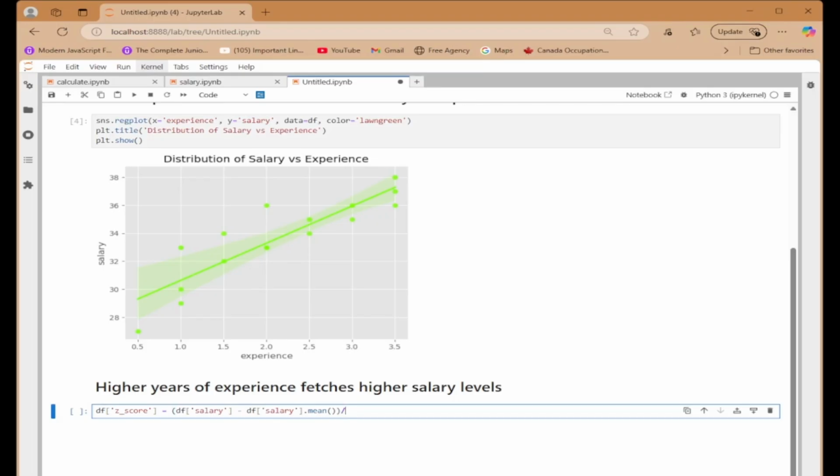So that is going to be df salary dot std, the standard deviation. Okay, so that is going to give the z value of each row, which is not really meaningful.